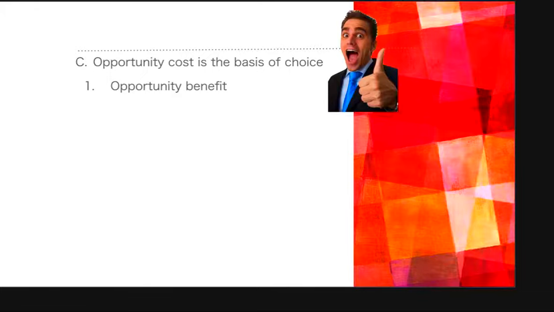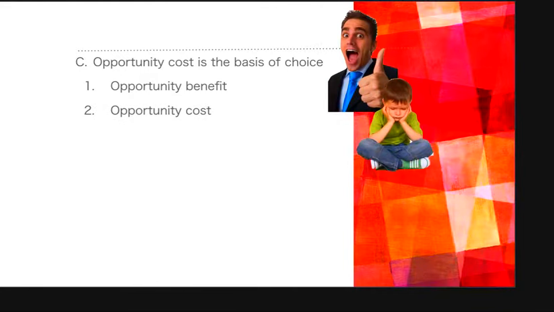And for those of you who have never tried that, that is an experience you need to have. So that's my opportunity benefit, and I'm going to receive a lot of enjoyment from eating that donut. I also have to count the opportunity cost. So opportunity cost is the satisfaction that you give up by not selecting the other choices.